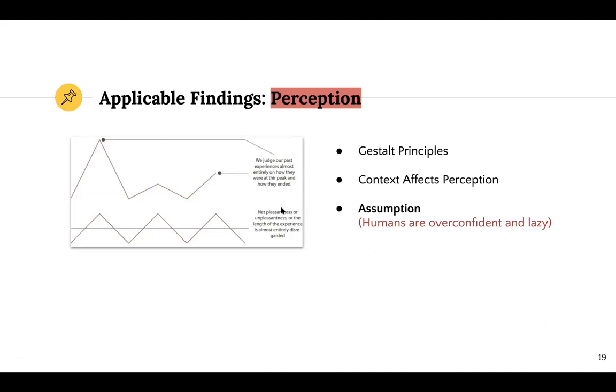So net pleasantness or unpleasantness or the length of the experience is almost entirely disregarded. I see this as humans not wanting to calculate all these different factors to work out the net pleasantness of something. We just want to be simple with things, think about a certain moment in time and then use it to assume an entire experience.